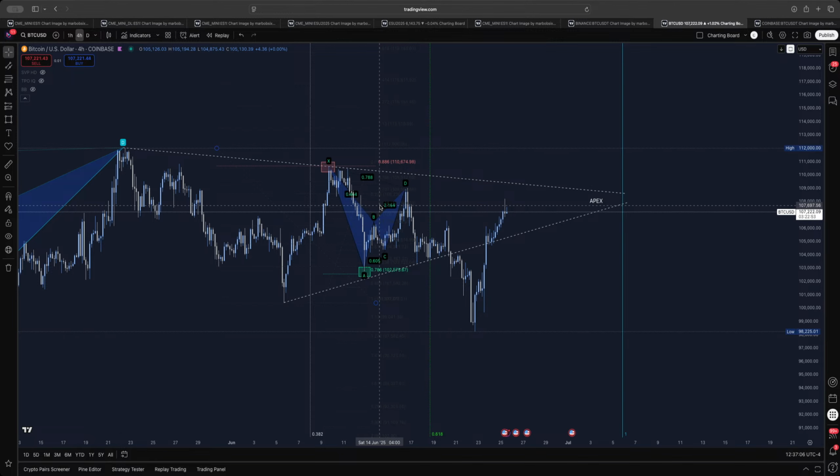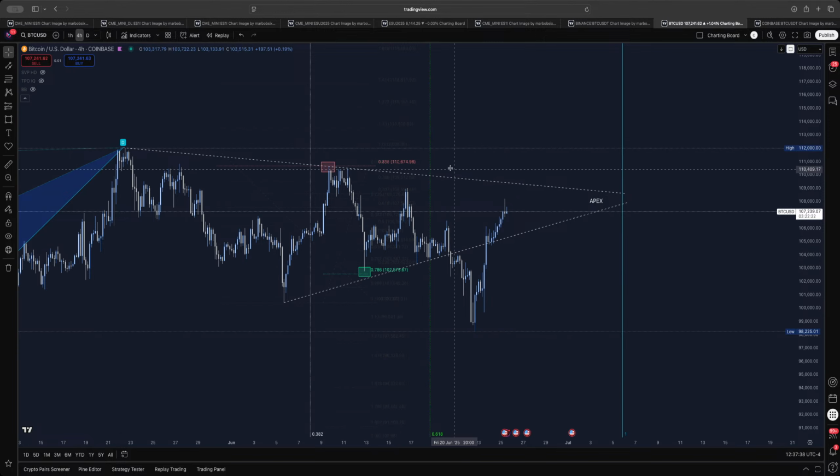In the same manner, we highlighted two harmonic ratios, two major data points: the 0.786 within the lower trend line for this symmetrical pattern, as well as the 0.886 from highs to the lows. We got the 0.886 fib retracement, as well as from lows to the highs, or valley to peak, the 0.786 for support.